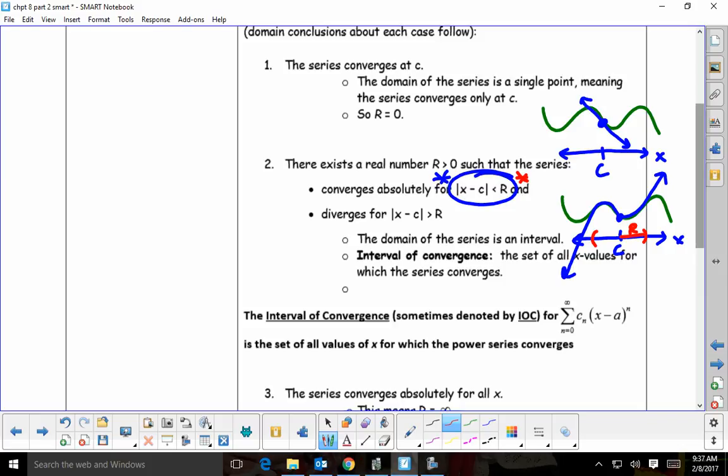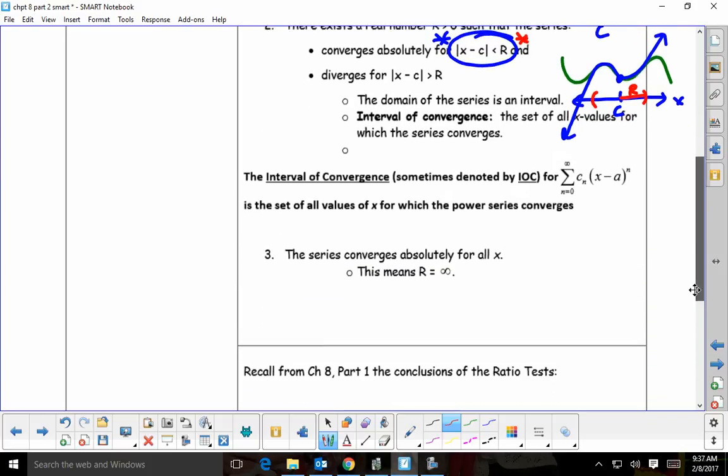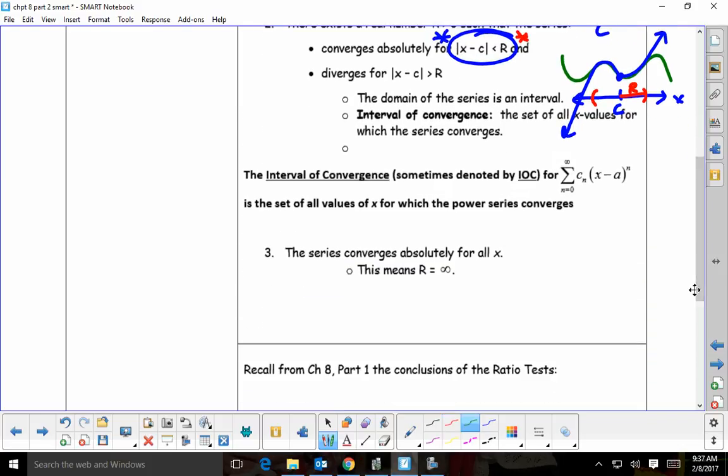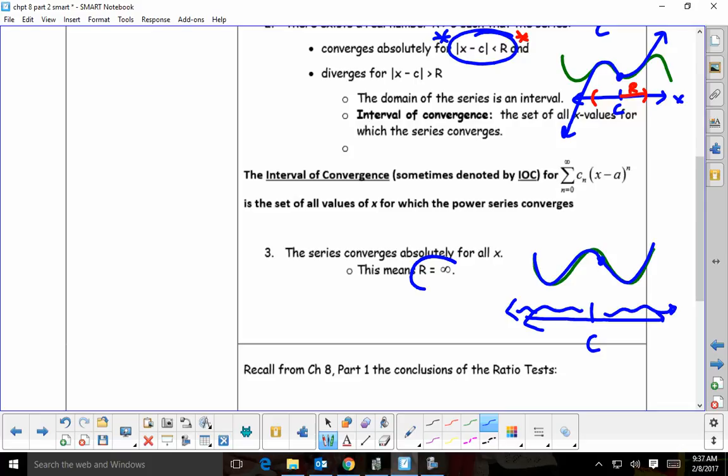Okay? Or we could be really, really lucky, and this could be a really awesome power series, and we could match it everywhere. So basically, again, if this is where I was centered, I would match everywhere, okay, for that c. Which means our radius of convergence would be infinity, because I'd go out forever and ever and ever.